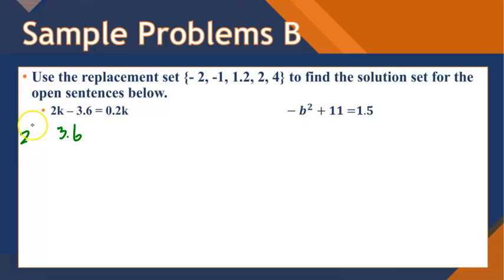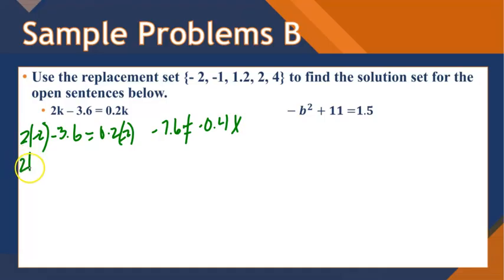So we have 2 times negative 2 minus 3.6 equals 0.2 times a negative 2. So we have negative 4 minus 3.6, so that is a negative 7.6. Does that equal negative, so this would be a negative 0.4. That does not work, so no, that's not a solution.